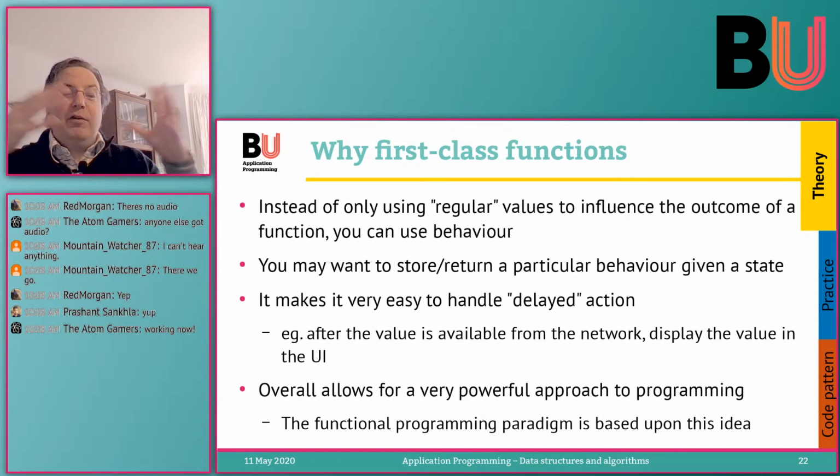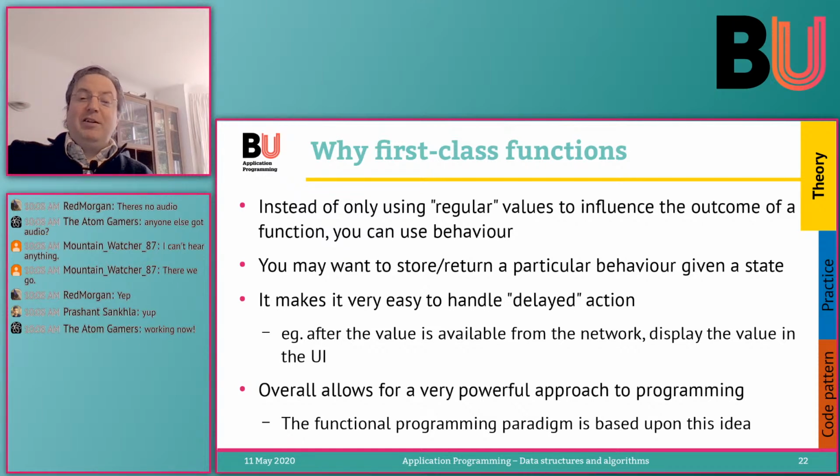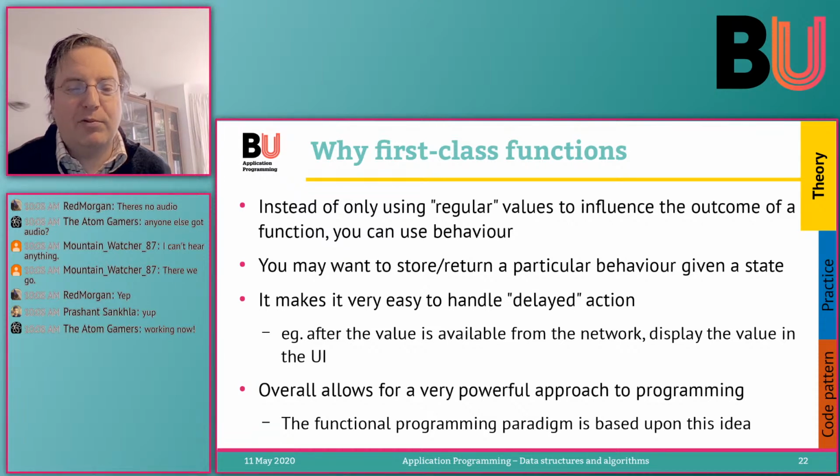It's not a fully functional language, but you basically can treat functions as types and values. So there's a function type and there's a function value. The function type is basically its interface: what are its parameters, what does it return? The name doesn't matter, but you want to be able to say, okay, I need a function here that has these parameters and these return types.